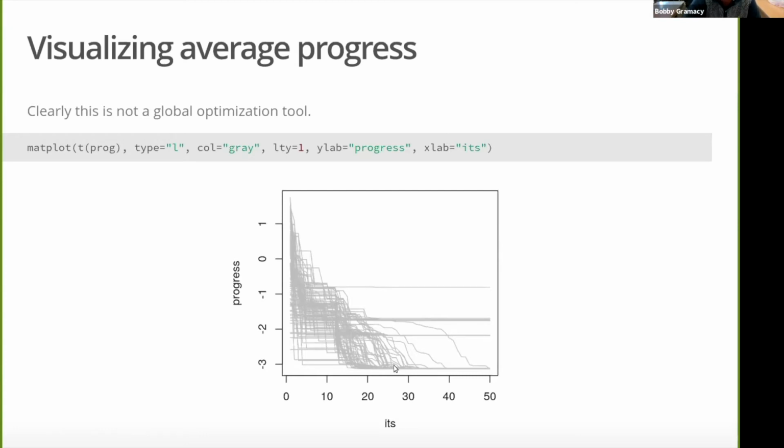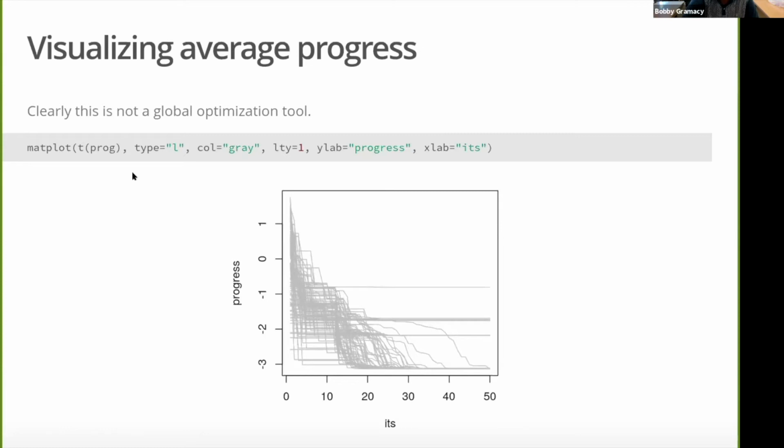But other methods get stuck and converge to inferior local minima, like at -2 or -1.75, or maybe -0.75. So it's clear that this is not a global optimization tool. It's probably finding local minima, but may not always find the global minima. In fact, we know it doesn't always find the global minima because we see examples of solutions that are inferior to other ones that are better.